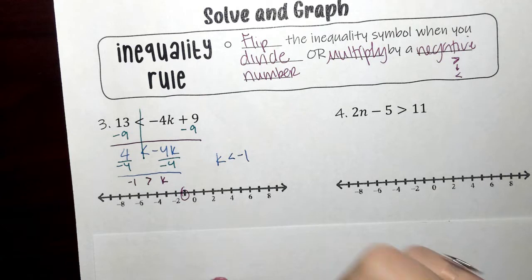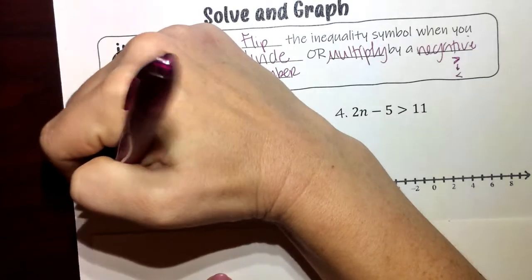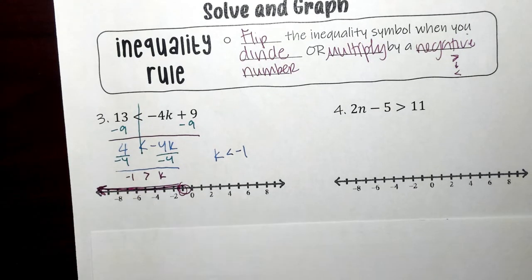That means the same thing. So it will be helpful, and I said it when we were solving our equations, to put your variables on the left-hand side. We really should do that for our inequalities.